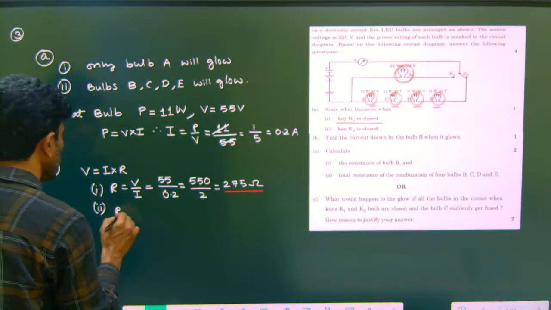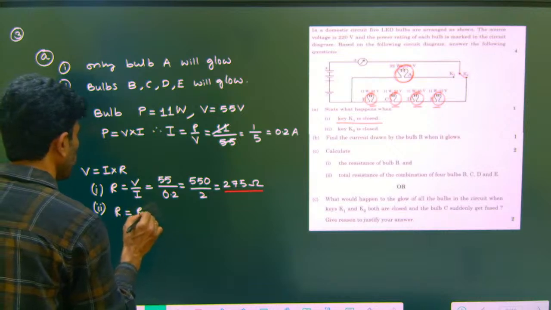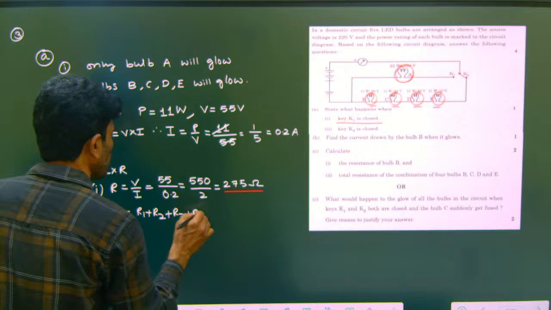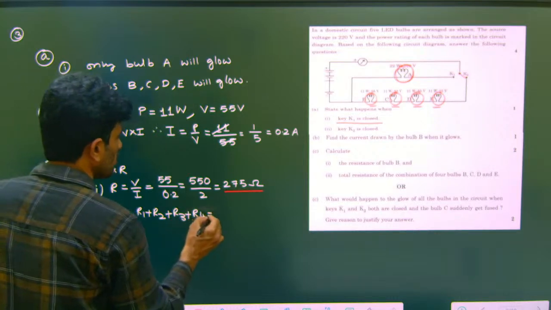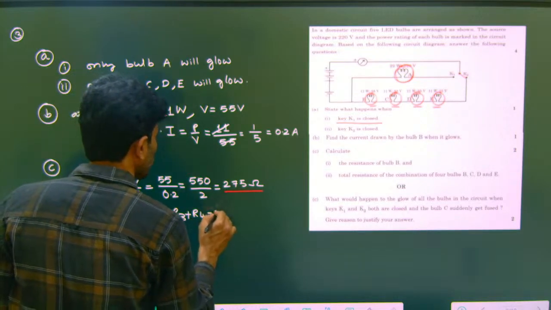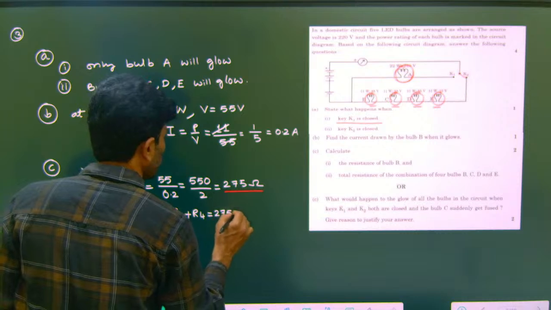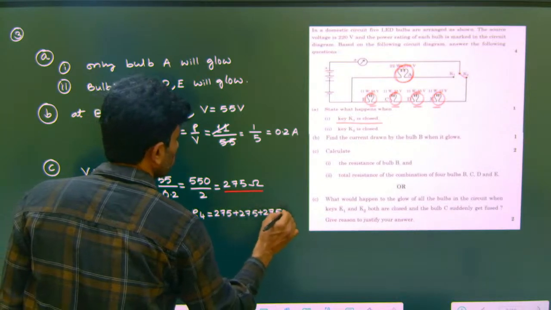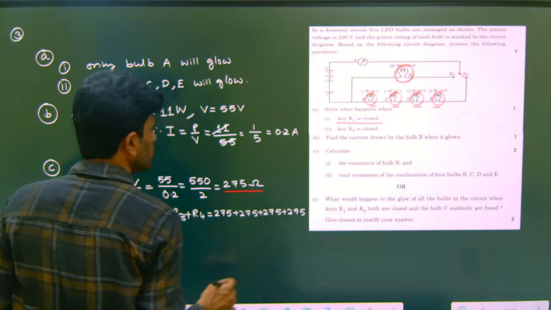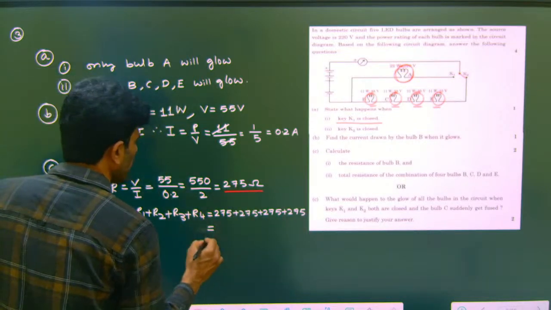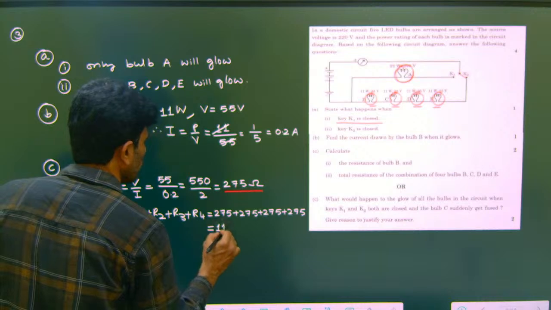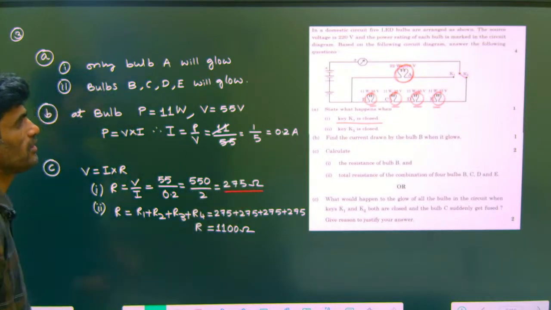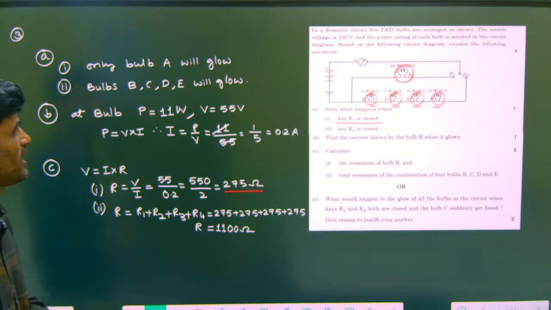Then R is equal to R1 plus R2 plus R3 plus R4, which is 275 plus 275 plus 275 plus 275. All the resistances are the same. So 4 into 275, which is 550 plus 550, 1100 ohms. This is the effective resistance of B, C, D, E.